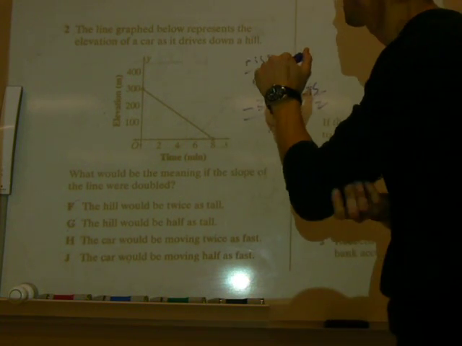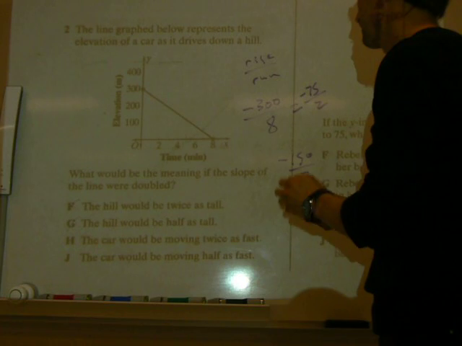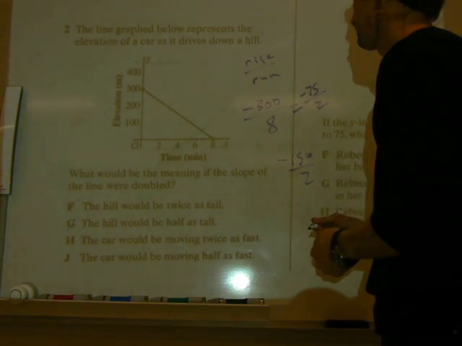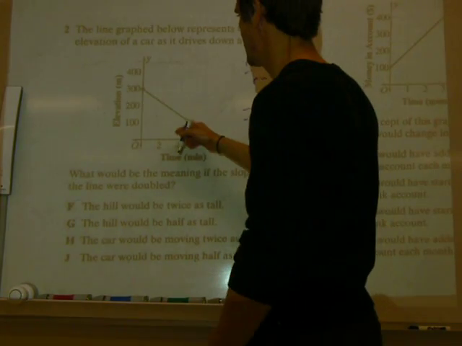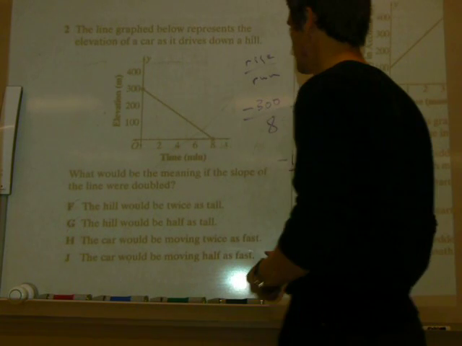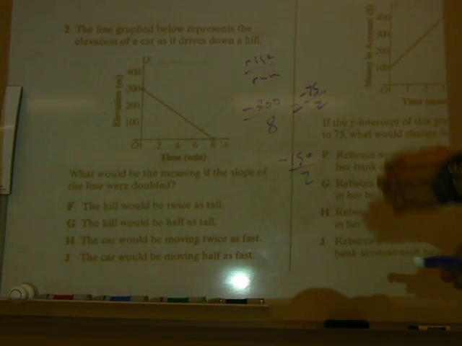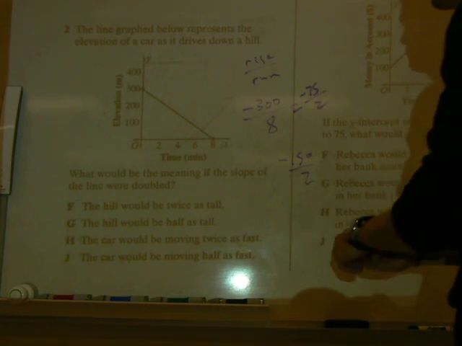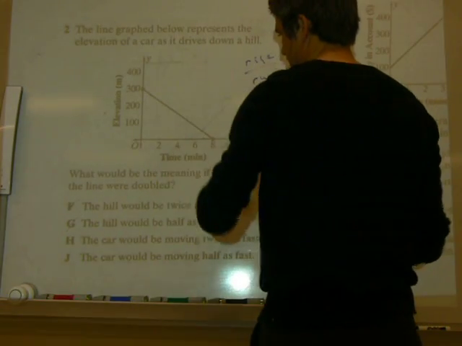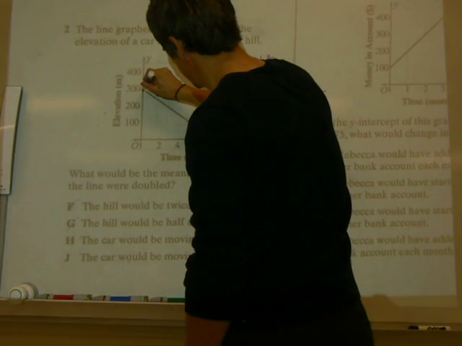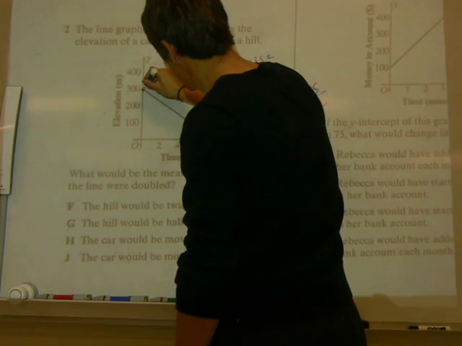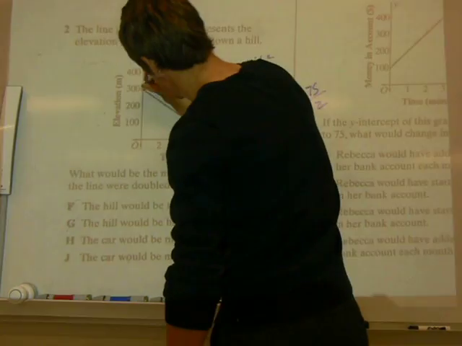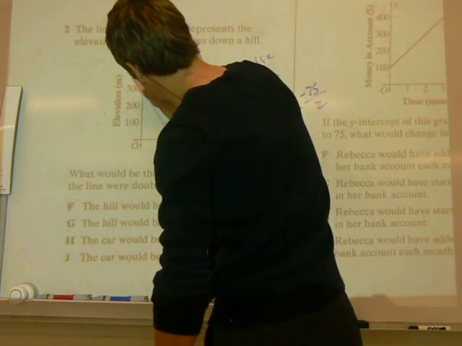Well, if the slope were doubled, alright, well, that means that if the slope were doubled of this line, the y-intercept would stay the same. That would mean that if the slope were doubled, it becomes steeper, so it should go from 300 to 4.